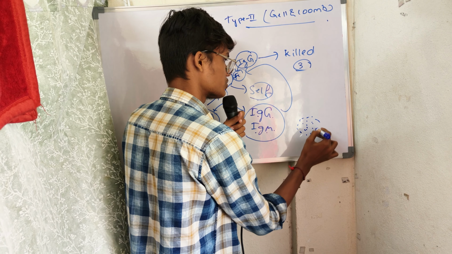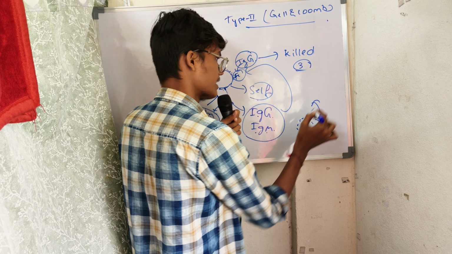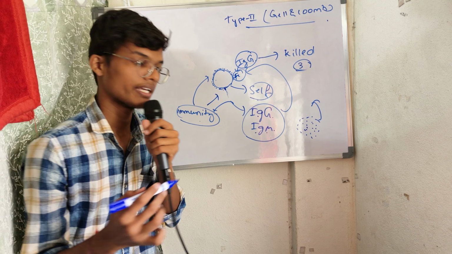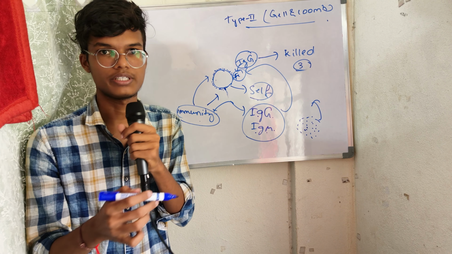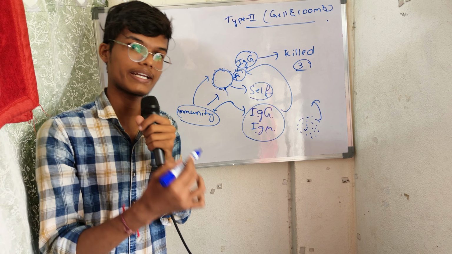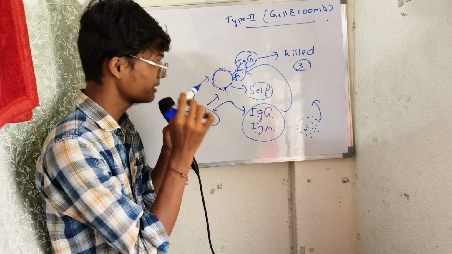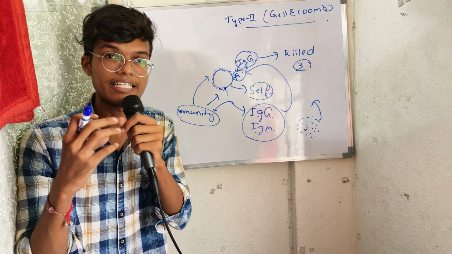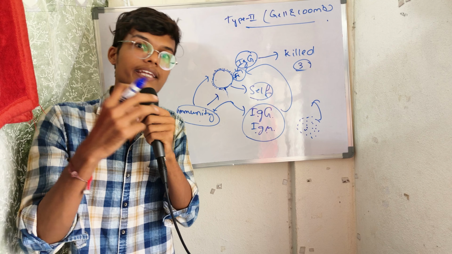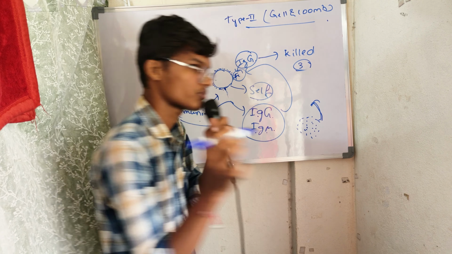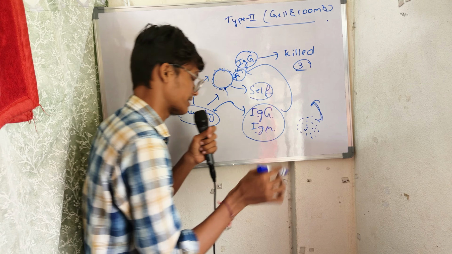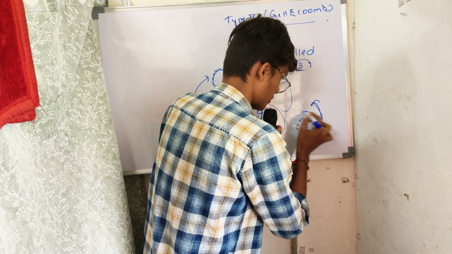What do these random proteins do? Whenever there is a bacteria, they get activated by the immunity and help the immunity in destroying foreign organisms like bacteria, viruses, any foreign body.